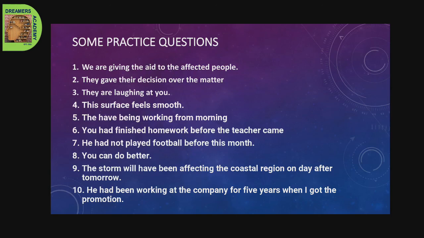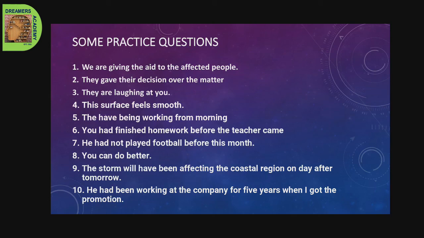Again, remember some points: what is the subject in the active voice will be the object in the passive voice, and what is the object in the active voice will be the subject in the passive voice. And don't change the tense of the sentence. That means if the active voice is in the present perfect tense, it should be in the present perfect tense in the passive voice.